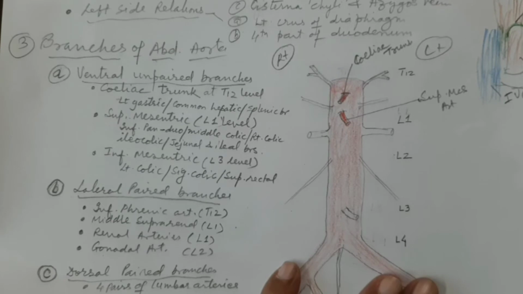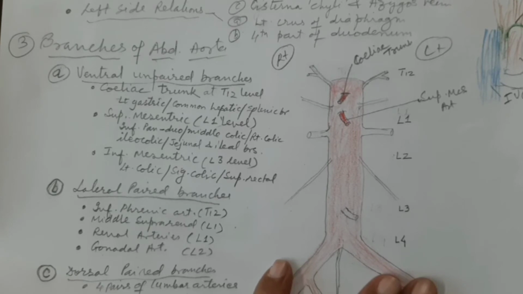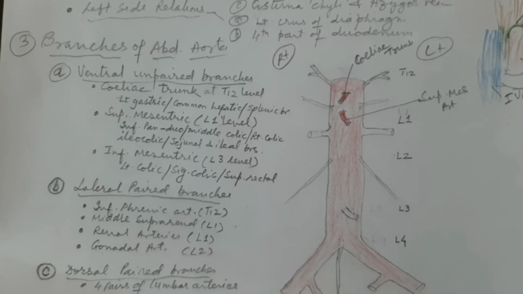The right colic supplies the ascending colon, and the middle colic supplies part of the transverse colon. So the ileum, cecum and jejunum are all supplied by the superior mesenteric artery. That is the second ventral branch, which is single.